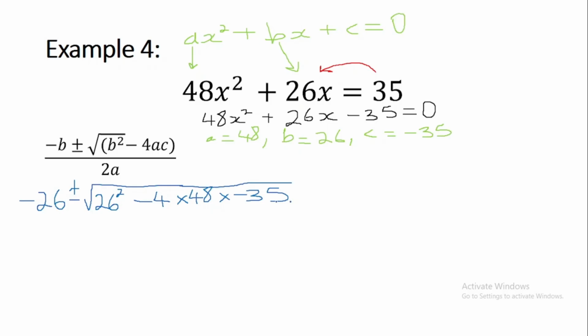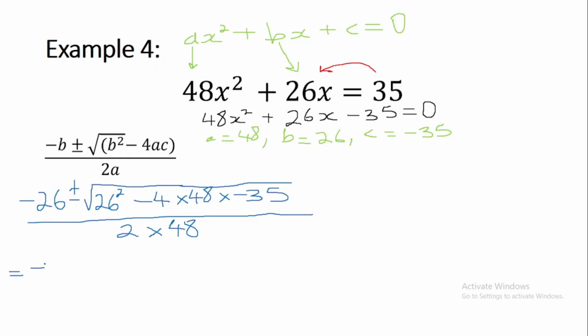We're going to do all this multiplication before we do any subtracting. All over 2 times a, and a is 48.